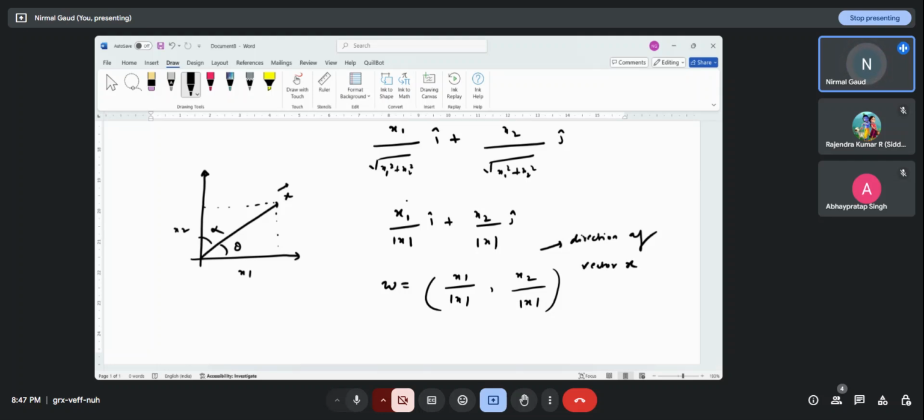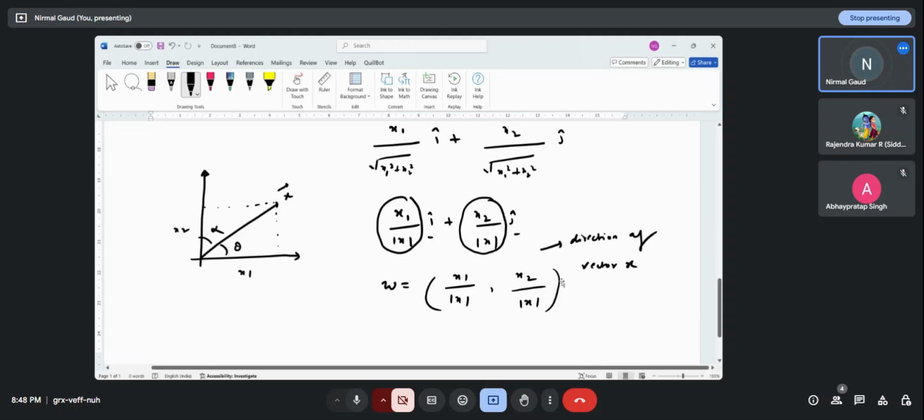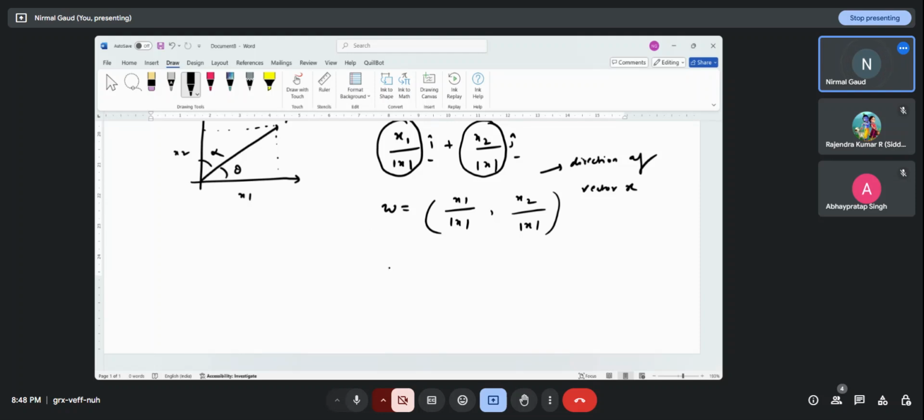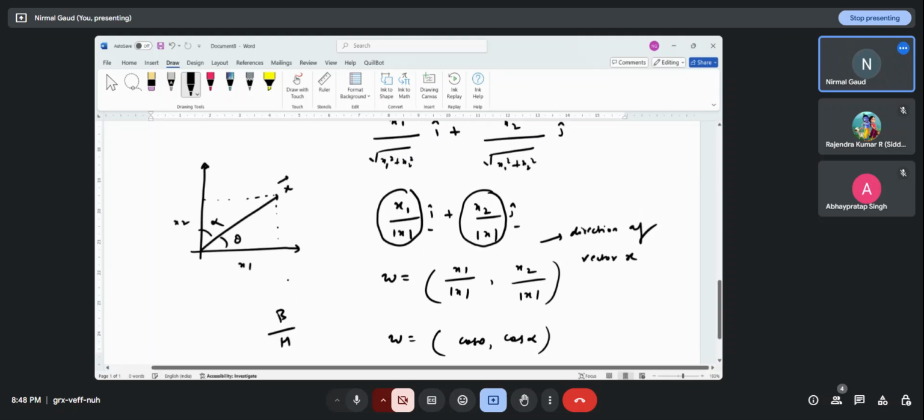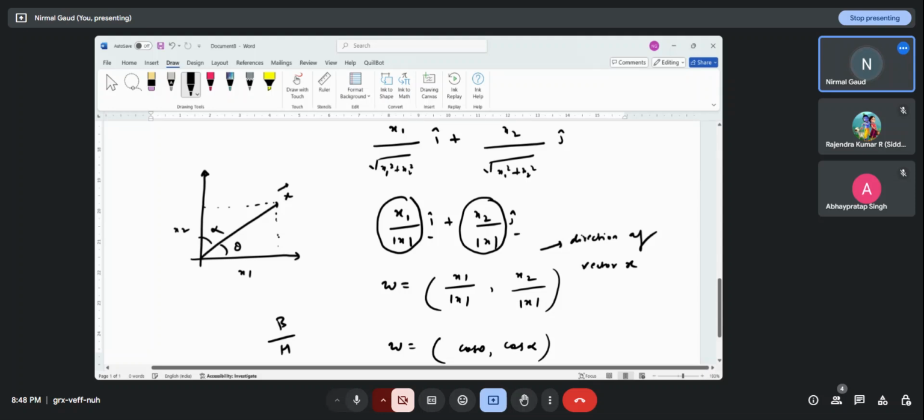Obviously, this is my x component. This is my y component. Okay, it's a unit vector. So it shows the direction, and I can write it like this also: w is equal to cos theta, cos alpha. You can see what is cos. Cos is base upon hypotenuse, so you can find it easily.